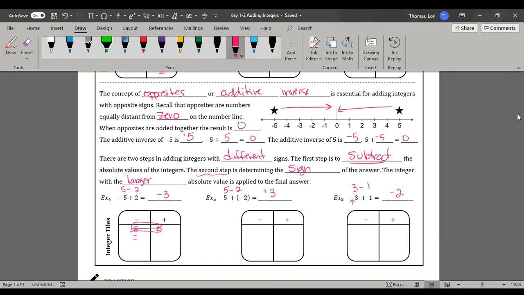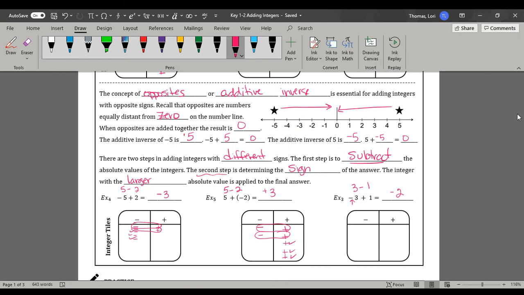Now what is left? We have 1, 2, 3 negatives. Example number 5, we have 1, 2, 3, 4, 5 positives, and we're adding 2 negatives. We have 1 and 2 zero pairs, and what is left is 1, 2, 3 positives.